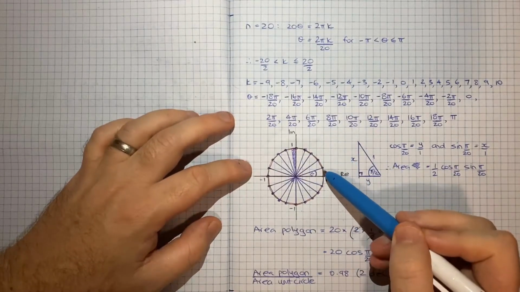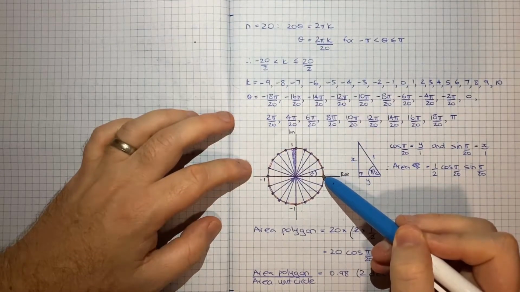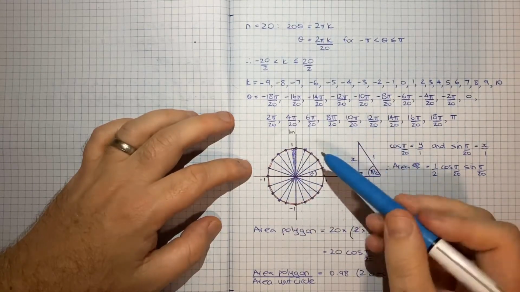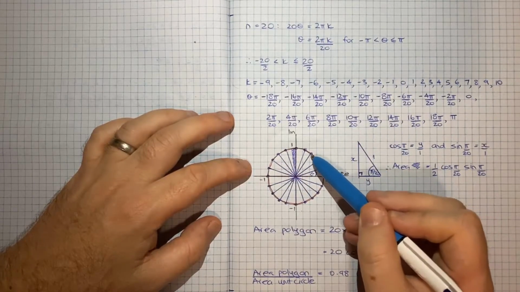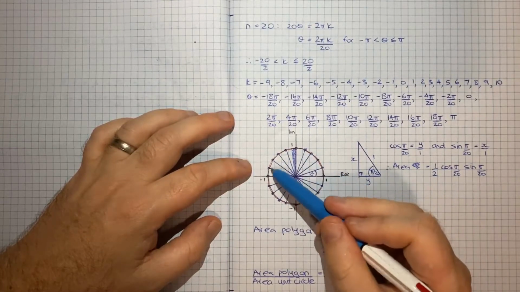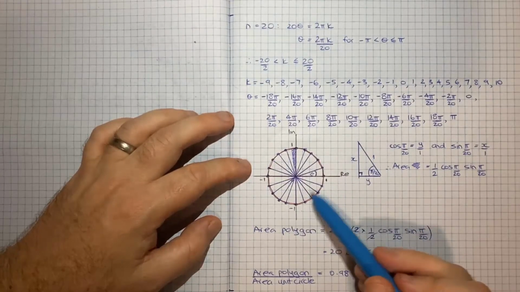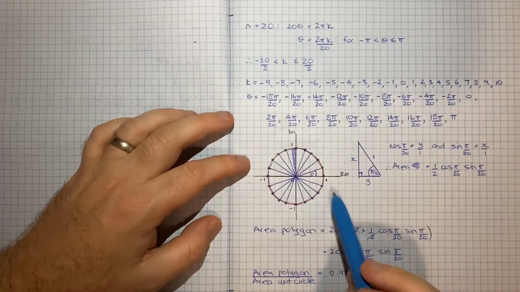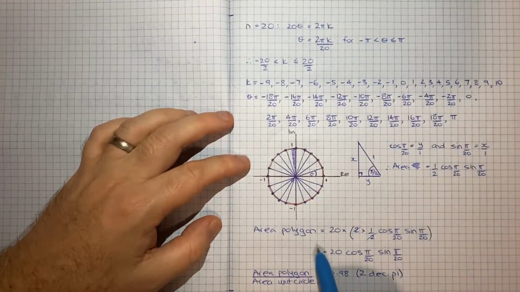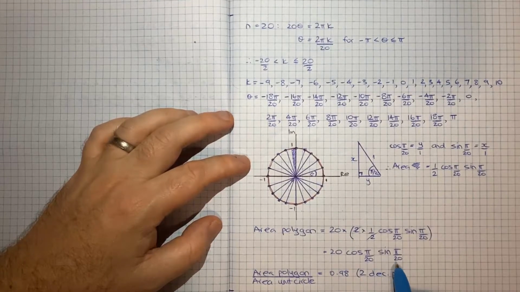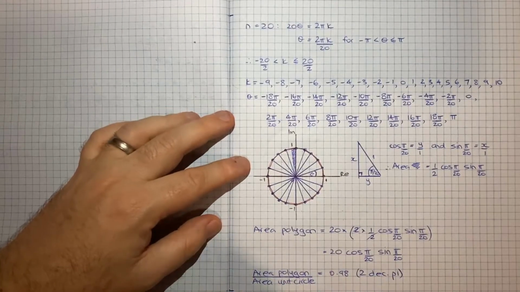And you have a look, just when you split the 20 results around the unit circle, and you kind of start joining it to make a polygon, you're getting closer and closer to actually just replicating that circle, which is something worth thinking about when we get to the later parts of the question. But working through the same mechanics, the area of the whole polygon is 20 cos pi on 20 sine pi on 20, and this final result we get to 0.98 to 2 decimal places.